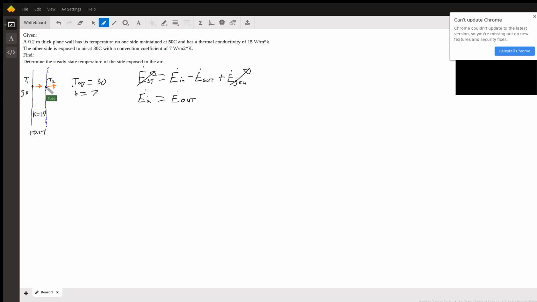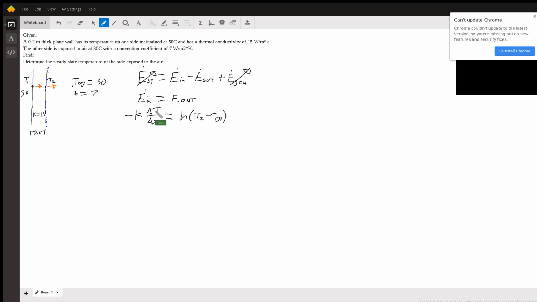So heat will be coming in by conduction, which we can say is K delta T over delta X, and that is going to be equal to what's going out. It's leaving by convection, which is H times T2 minus T infinity.